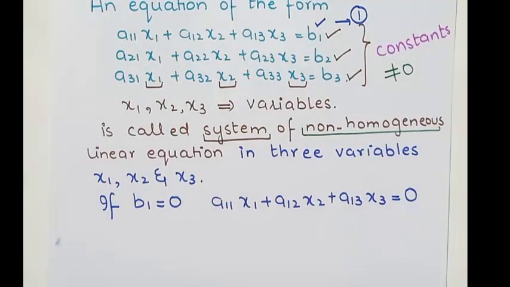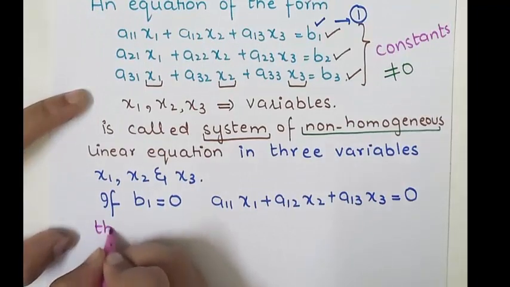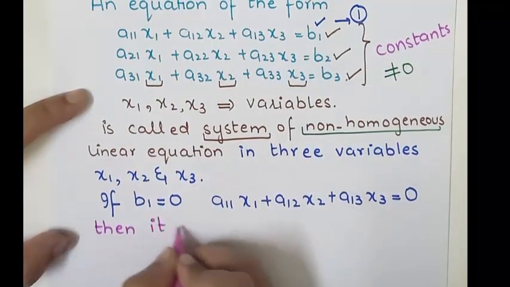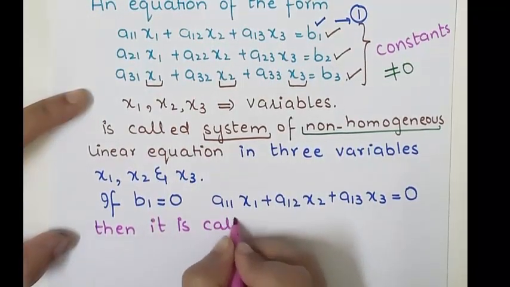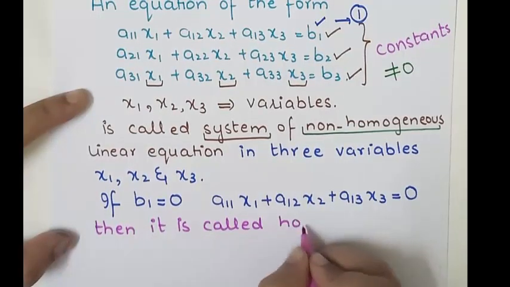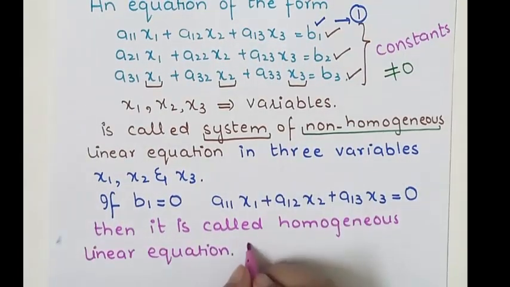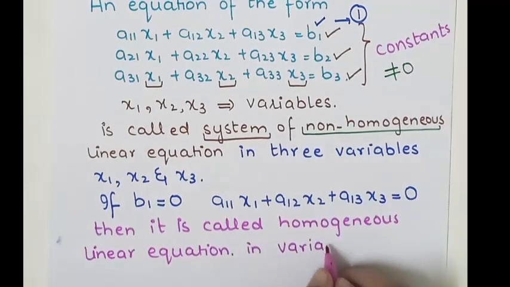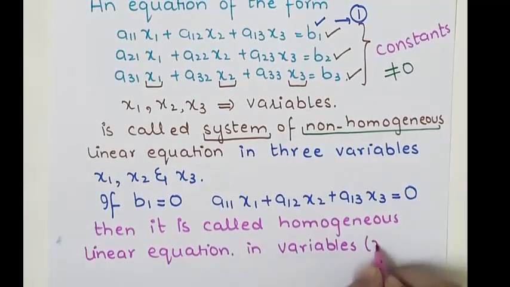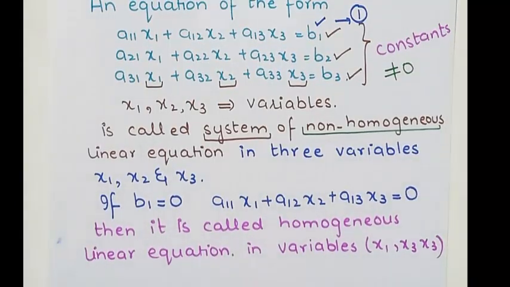So if the constant is equal to 0, then we will say that it is a homogeneous linear equation in three variables x1, x2 and x3, in this way.